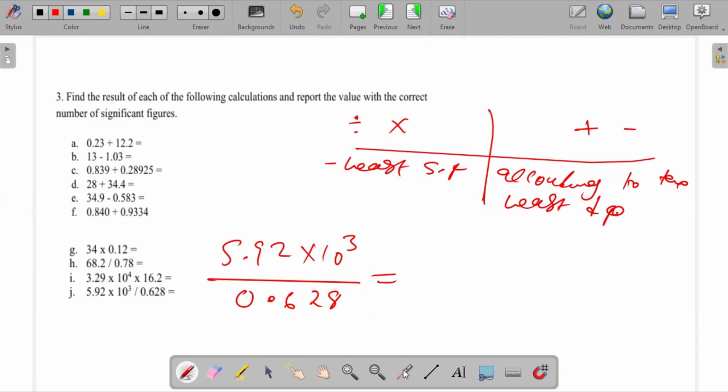When we divide, what are we getting there? Give me the full answer.